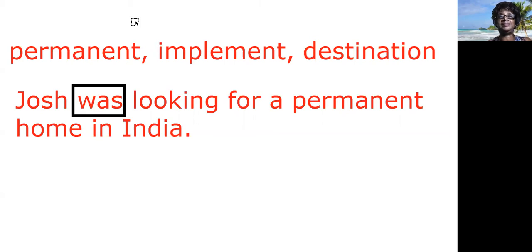At this moment, we don't know if Josh actually found a home or did he change his mind. But we do know he was looking for a permanent home in India. Permanent.